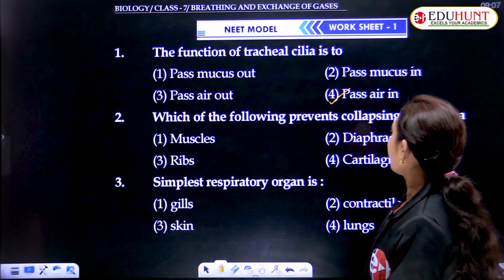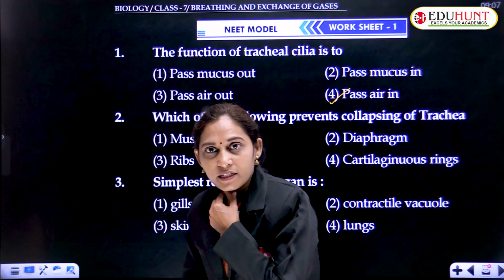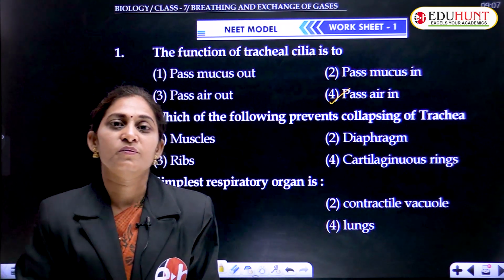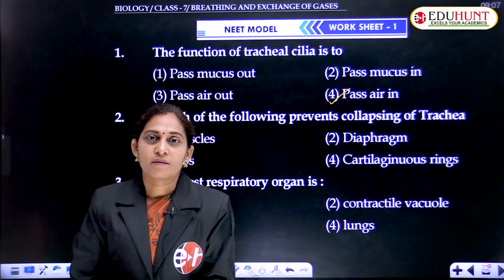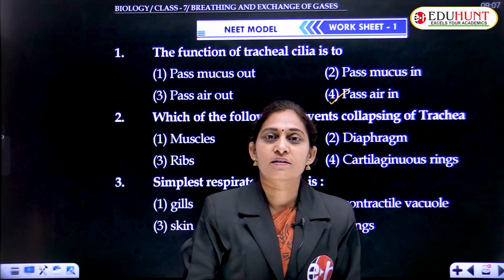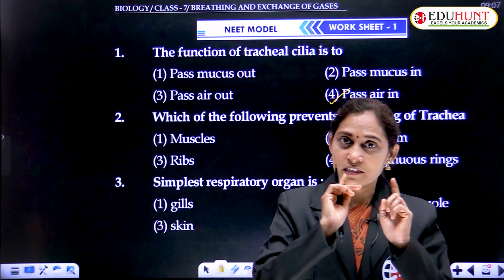Which of the following prevents collapsing of trachea? మనకి లంగ్స్‌కి కనెక్ట్ అయ్యే విండ్ పైప్‌నే ట్రేకియా అంటాము. సో దిస్ ట్రేకియా is prevented from collapsing because of the presence of rings, not the complete rings.